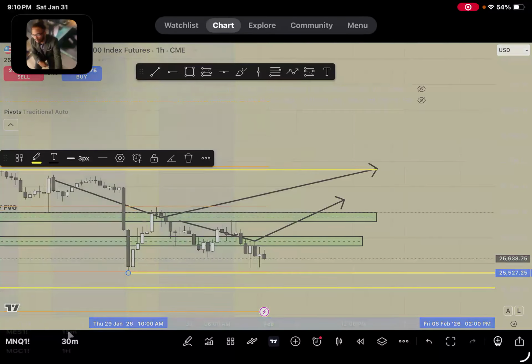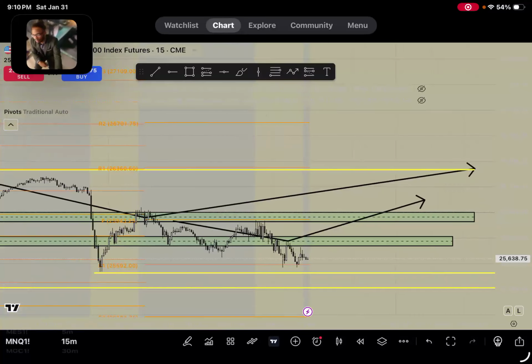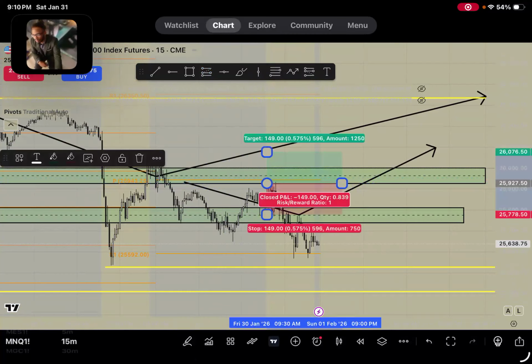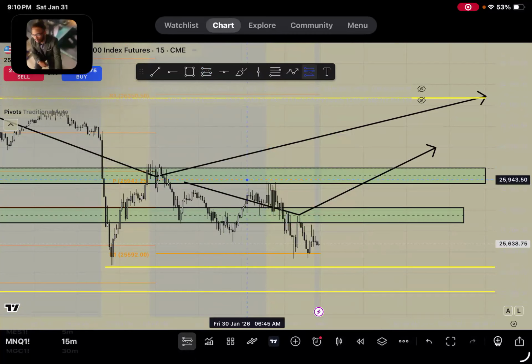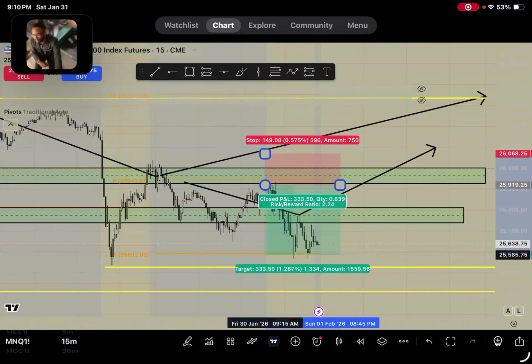And then when I go down to the 15, that's why I called them sales. I called these sales here. Friday we caught the sales down in here.